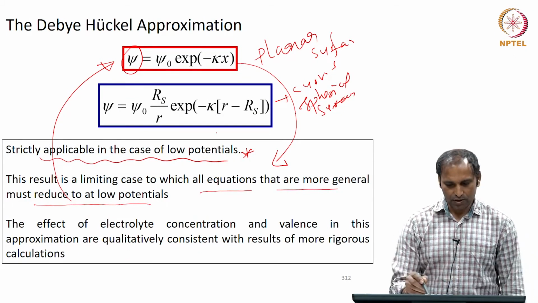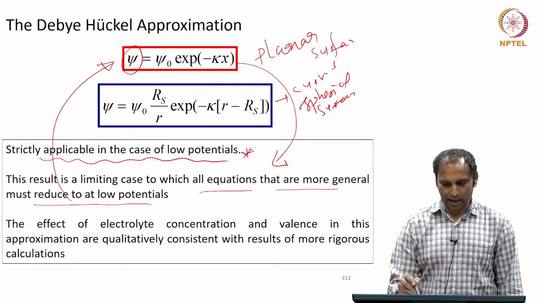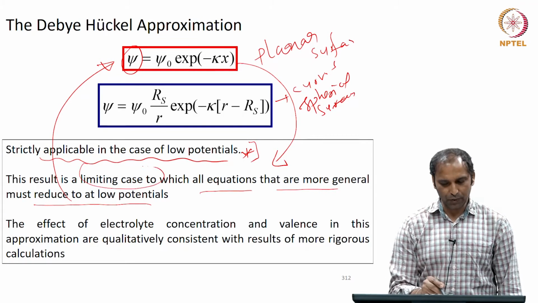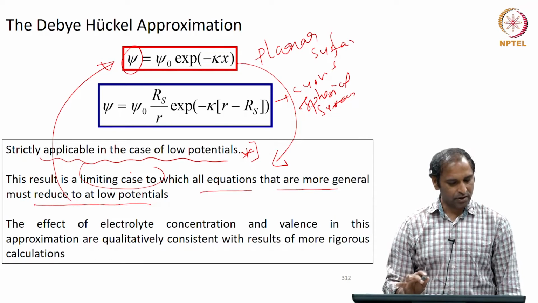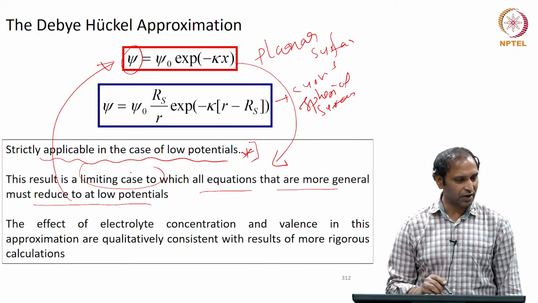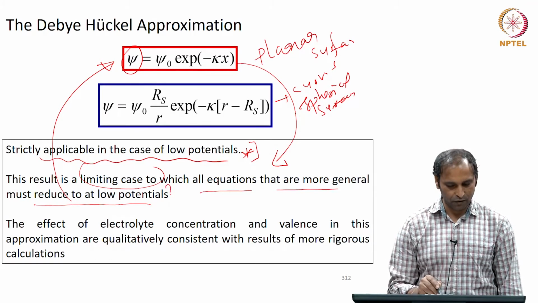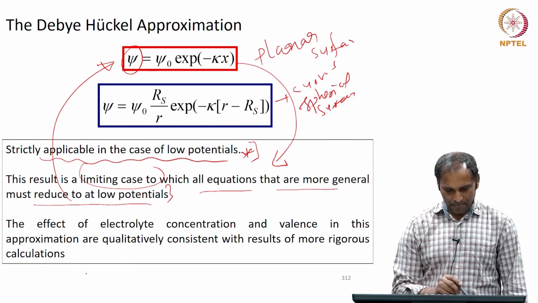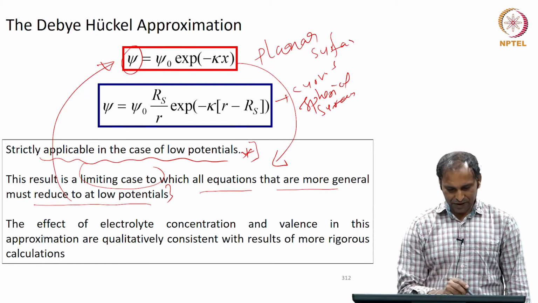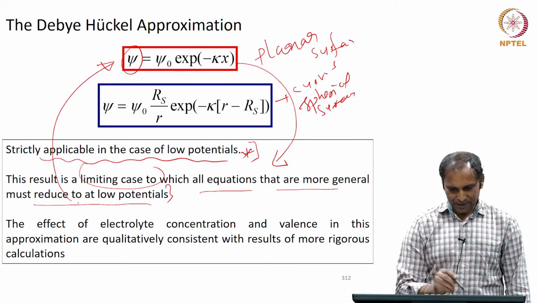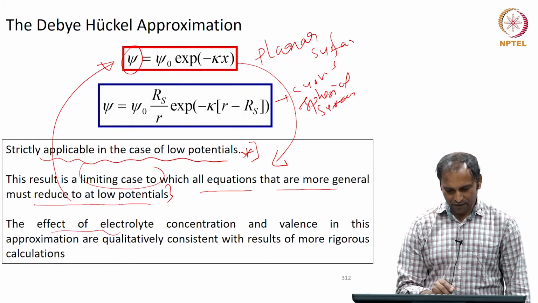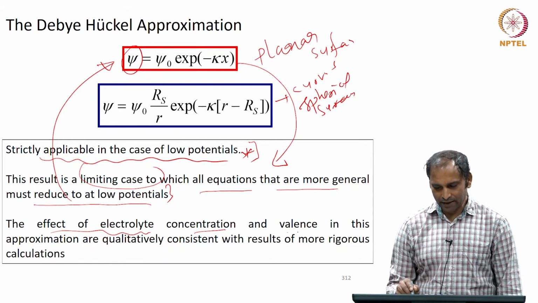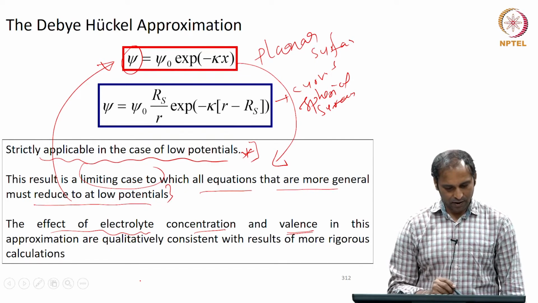Again, to recap, they are strictly applicable for low potential, and this is a limiting case to which all the more general solutions should reduce when we invoke the condition of low potential. What these expressions also capture is the effect of electrolyte concentration and the valency.